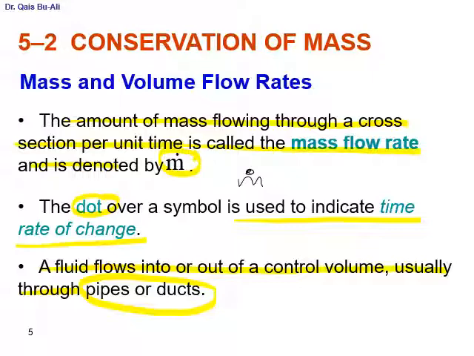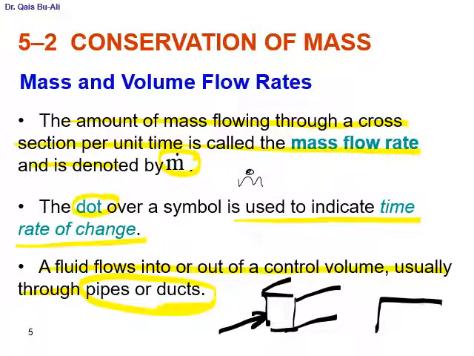So usually the flow will go inside or outside the system through a pipe or a duct. What's a duct? A duct is just any shape of pipe. So a duct can be this shape where the fluid is flowing through, or it can be this shape that the fluid is flowing through. So pipe is circular, duct is any conduit that is not circular, where the fluid is flowing inside or outside.